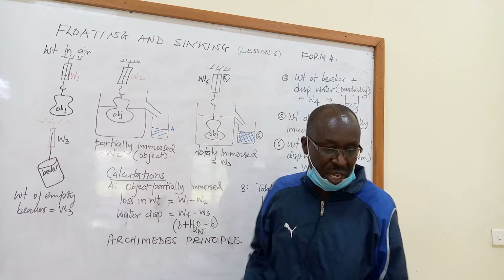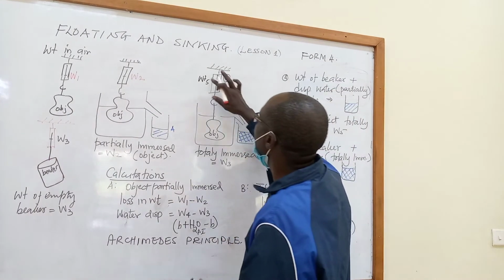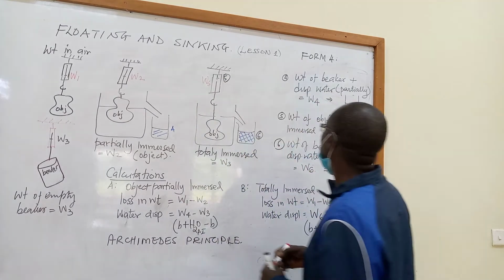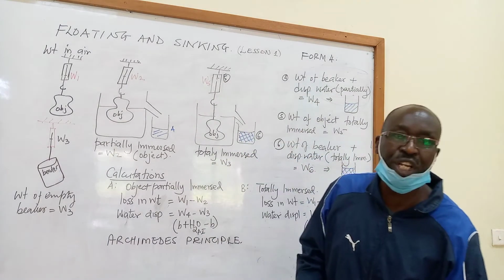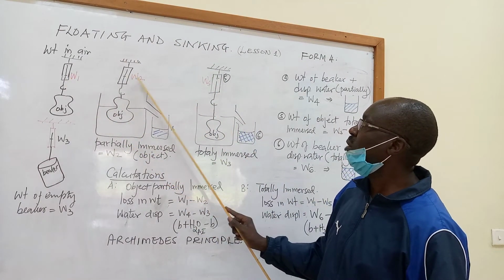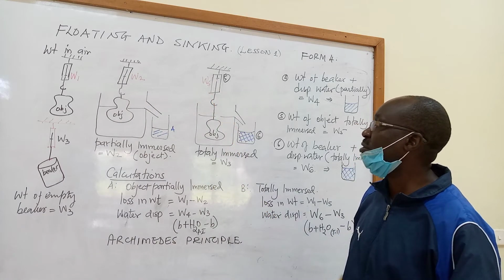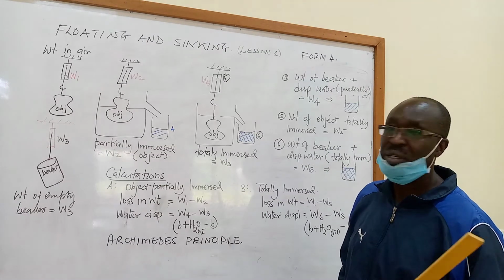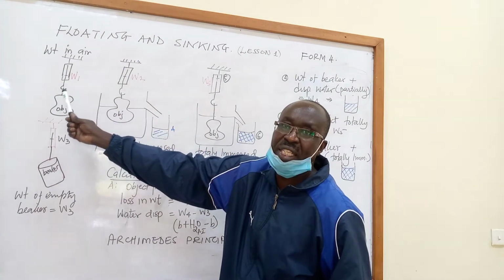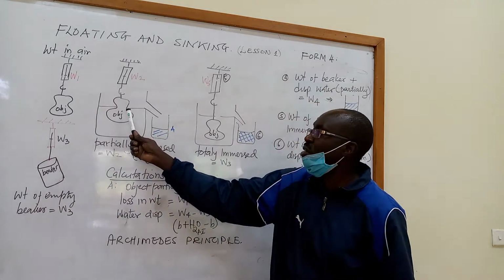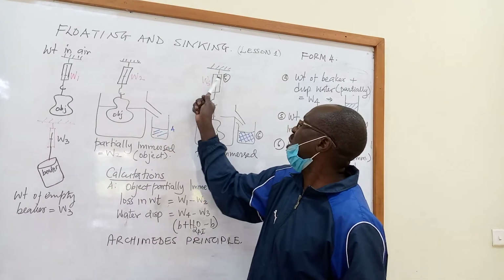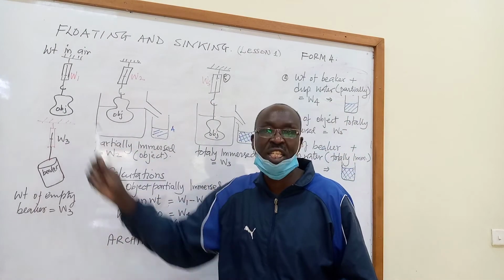This difference in weight is what Archimedes studied. What we are reading on the springs is what I've given as W1, W2, W5 in red. When it is in air, partially immersed or totally immersed, the readings are not the same, yet the object is the same.